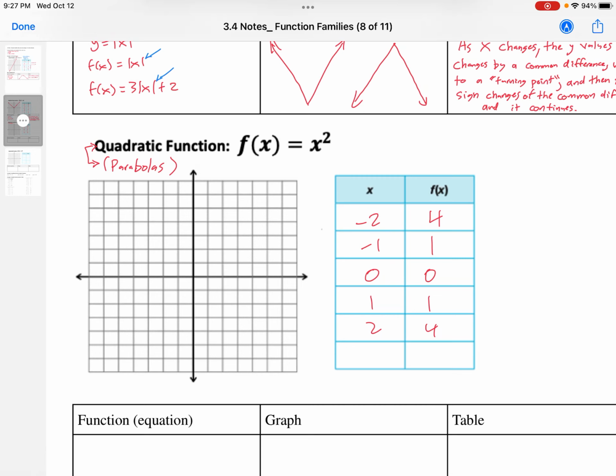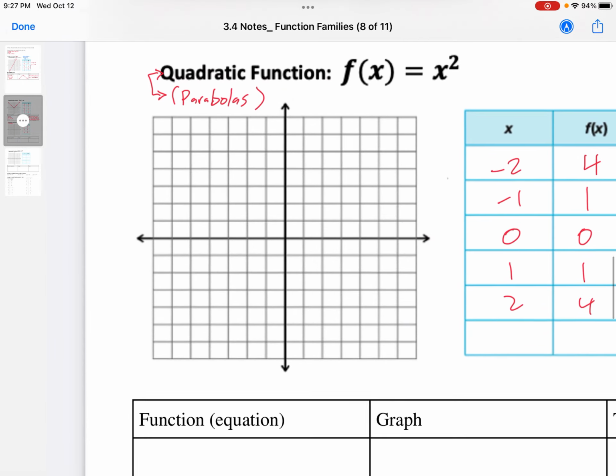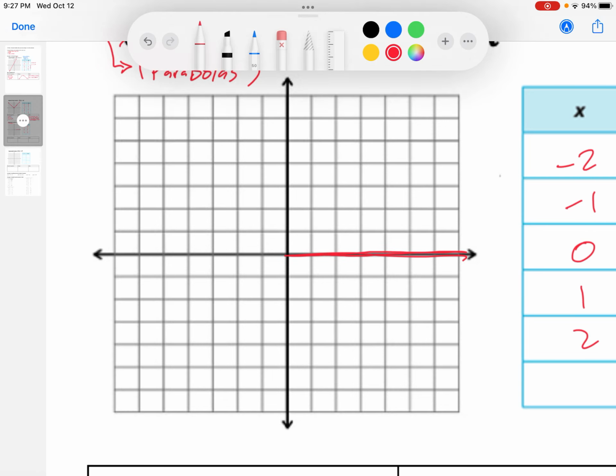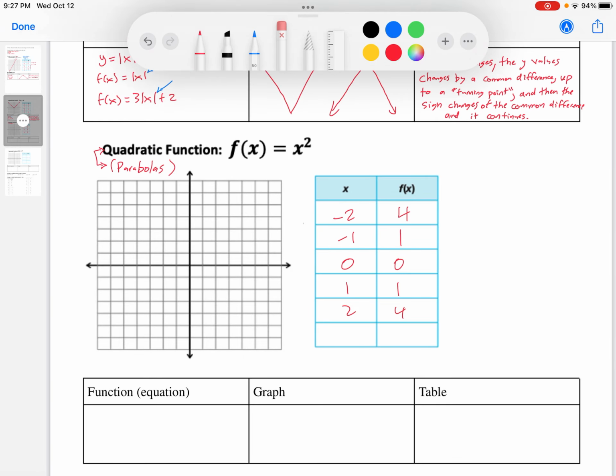You just want to pick x and y values that are going to fit on your coordinate plane, whatever you're given. In this case, it looks to me like we have a coordinate plane that basically goes 7 unit squares in every direction. So I'm just going to start my table anywhere where I feel comfortable that those points are going to fall in the graph, or pretty darn close.